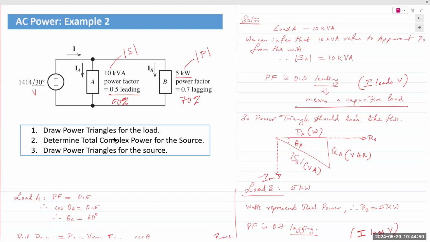We're going to look at A and B individually, determine what kind of components they are, and how we can use these values to draw the power triangles and then determine the individual values. So, 1 voltage source, 2 loads, element A, element B. Element A has units of VA. Element B has units of watts, W.